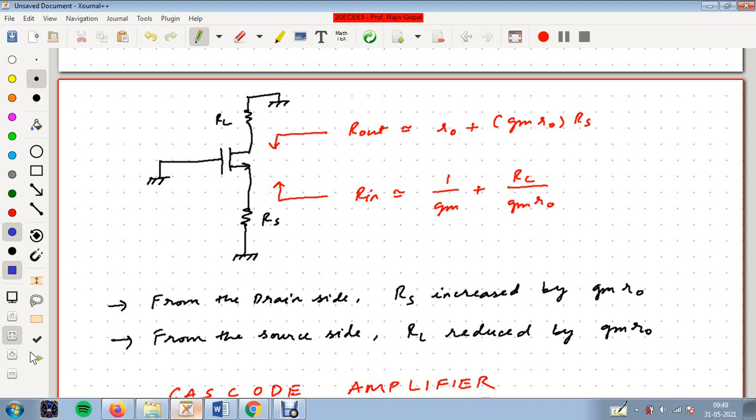So RL reducing contributes to more bandwidth. RS increasing by gmro contributes to more gain, especially if RS is replaced with a common source amplifier. So here you are cascading two stages. One is a common source amplifier, the other is a common gate amplifier, and they are stacked on top of each other. I hope this is clear.